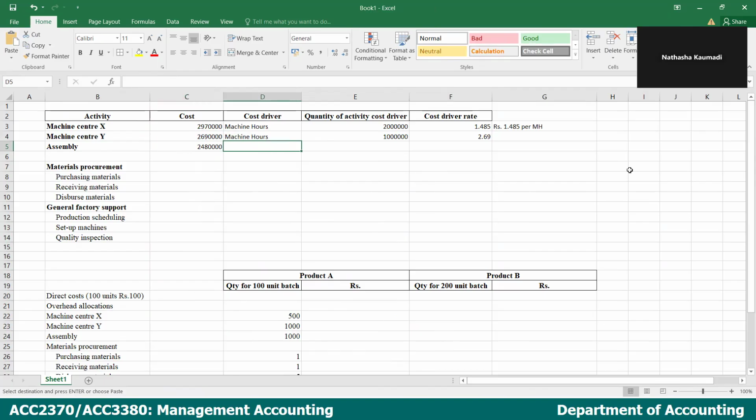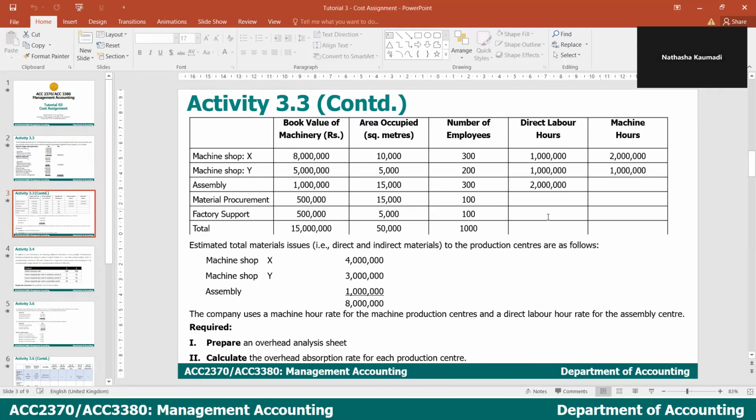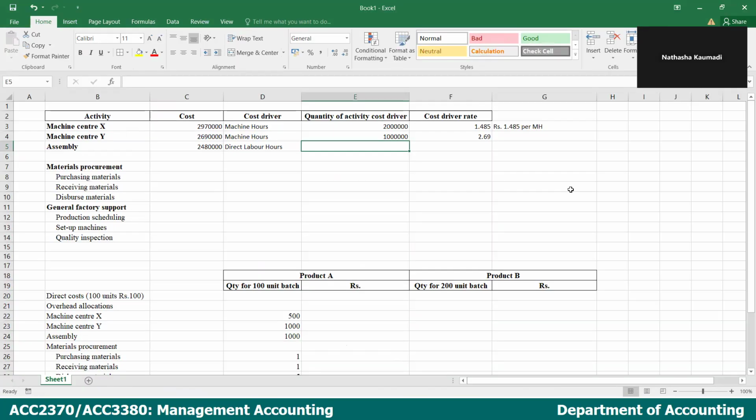What is the cost driver? Direct labor hour. Cost driver is direct labor hour. How many direct labor hours are there for assembly center? You look at the table. Direct labor hours, 2 million. So I'm writing 2 million here, right?